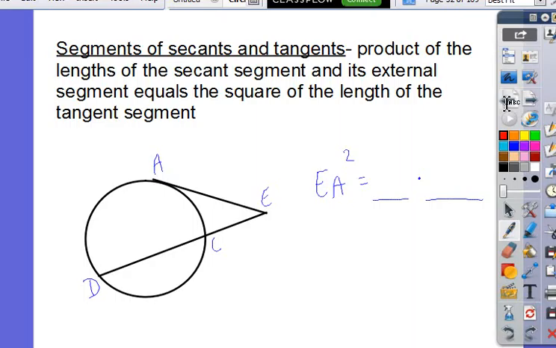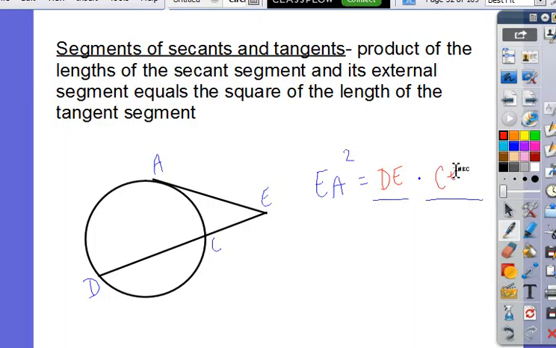All right? So on this, it says the product of the lengths of the secant segment and its external segment. So I'm going to do the same thing I just did on the last rule: the whole thing times the outside. So in this case, the whole thing is DE, and then the outside piece is CE.